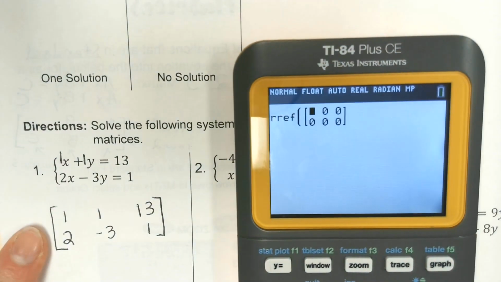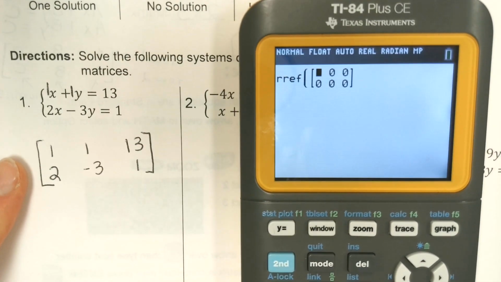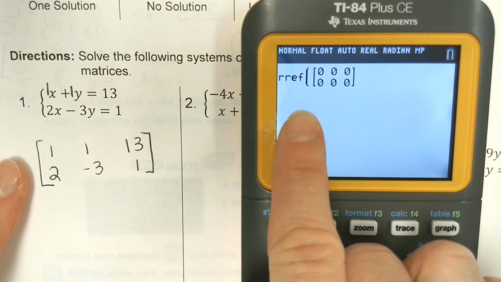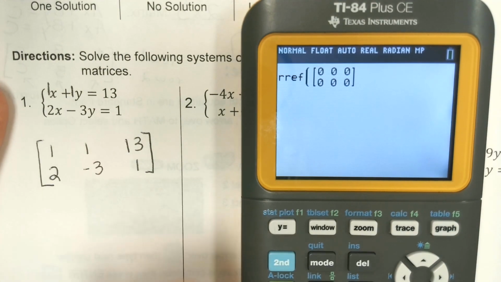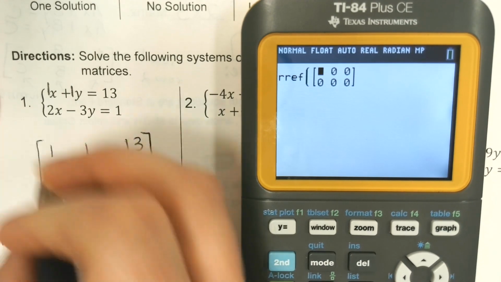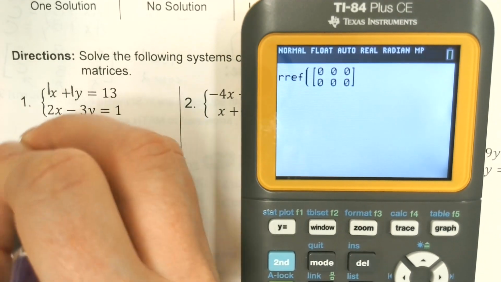And then we're going to put this in. Press enter. You should have it like this. Okay? So this is what you're going to do. RREF.